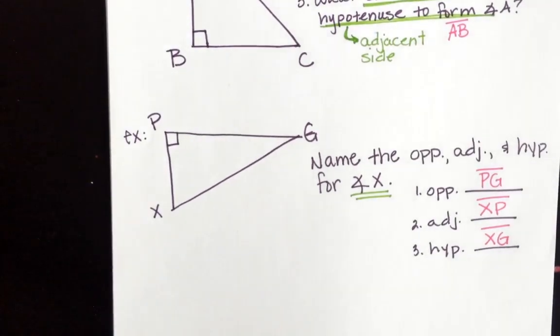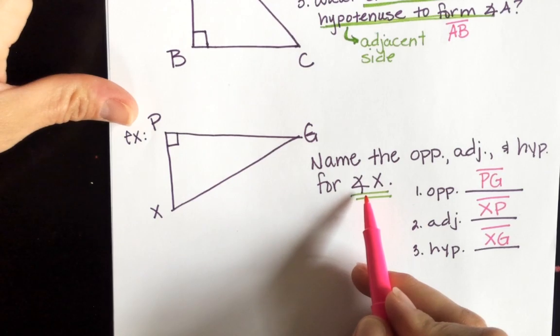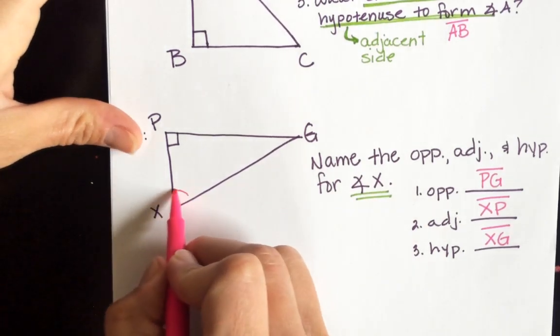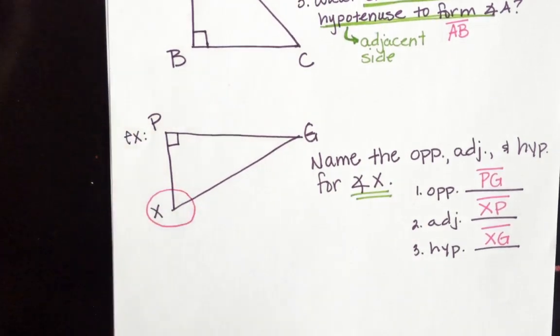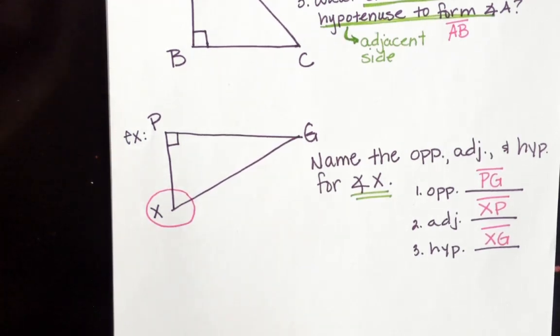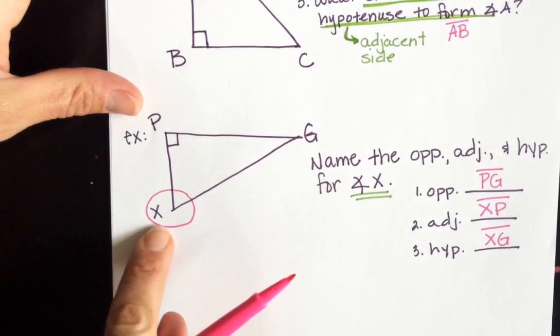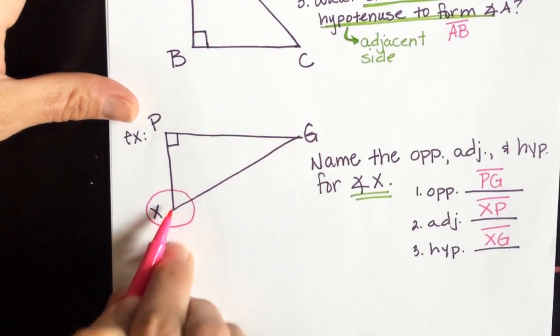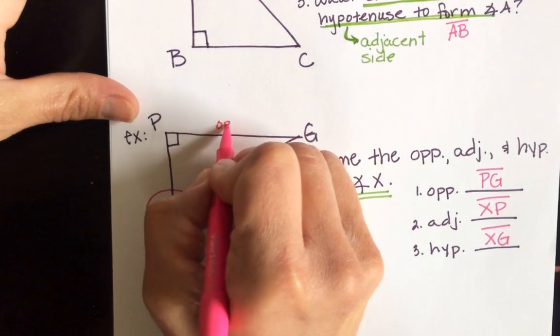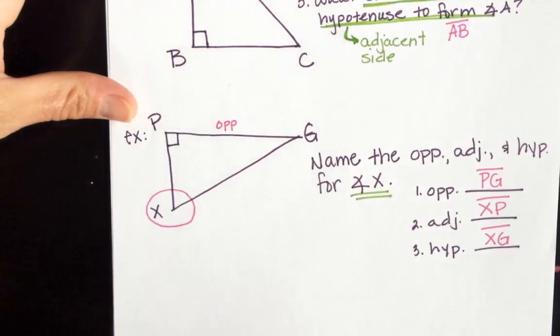It shouldn't be. So what I want to do now is show you that because I've specified angle X, a lot of times what you'll see me do is circle the angle that we're talking about, and then, just like our special rights, label my sides according to angle X and its perspective. From angle X, across from it, we know is our opposite, OPP.